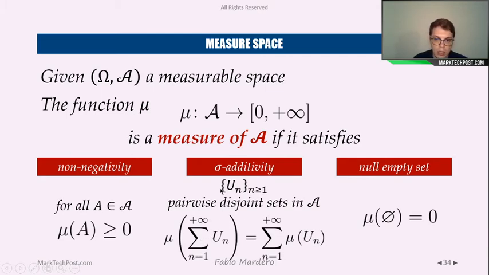We take the union of all the sets that are inside of this collection, and we measure it. We get that it is the sum of the measures of the single sets. It's an additivity property that we are doing using element sets in a sigma algebra.